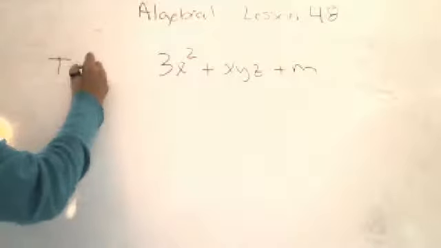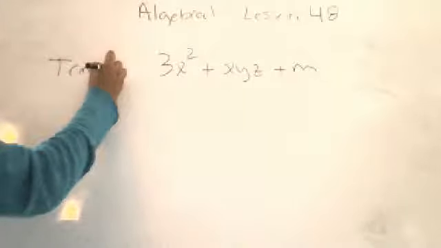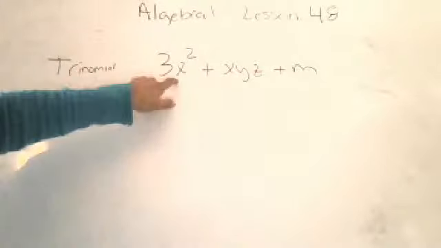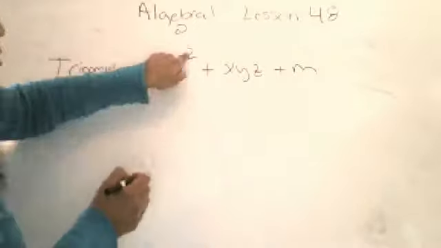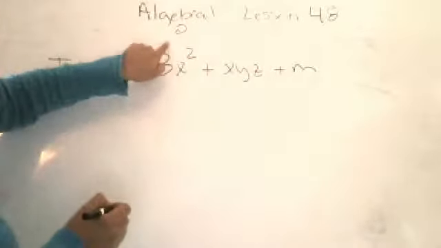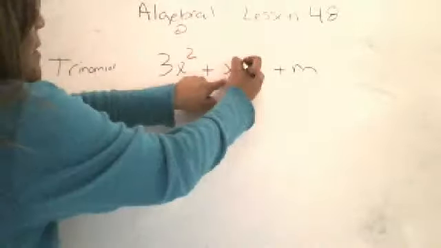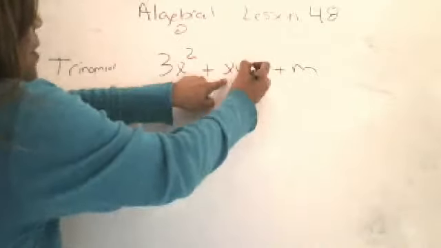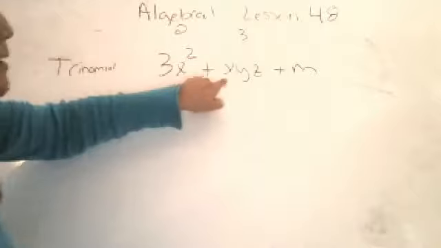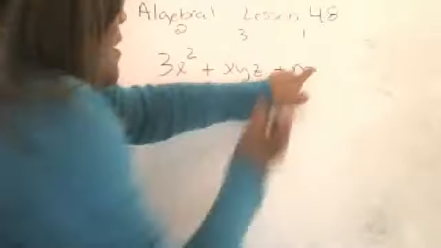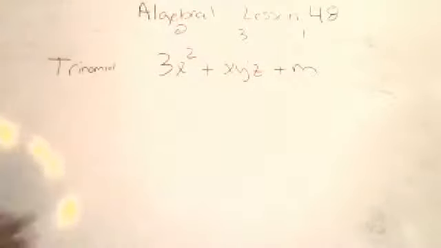Then we want to see the degree of each term. This one's going to have a degree of 2, with exponent of 2, and any constant to the 0 power, so 2 plus 0 is 2. This one has 1 plus 1 plus 1, a degree of 3. This one has a degree of 1 because it's implied to the 1 power as well.